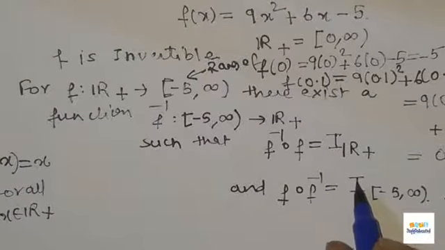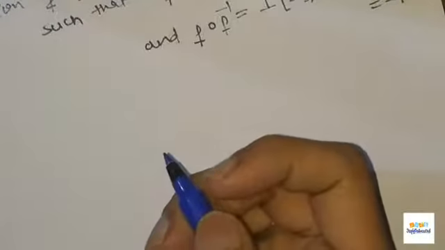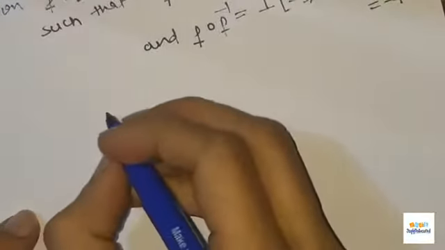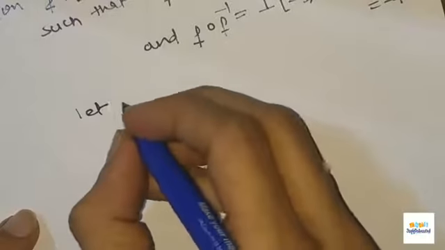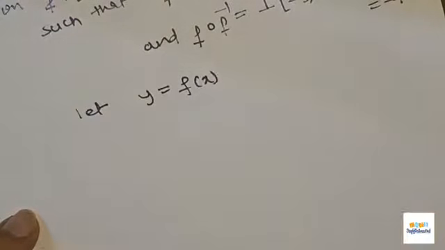So what you will get is I suffix closed, minus 5 comma infinity. This is what we have to prove. Now to prove this, let y equal f(x).